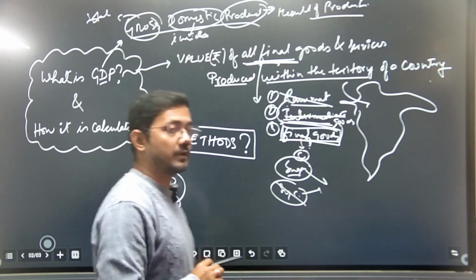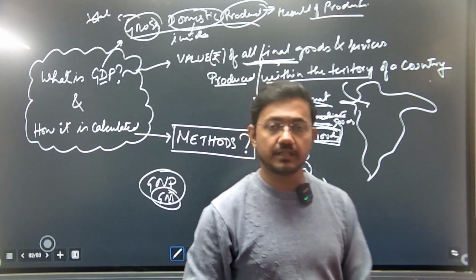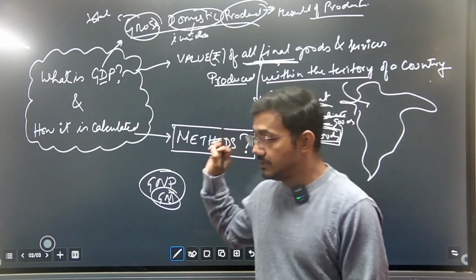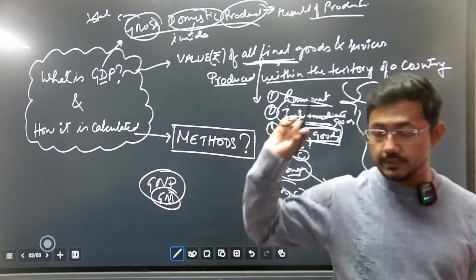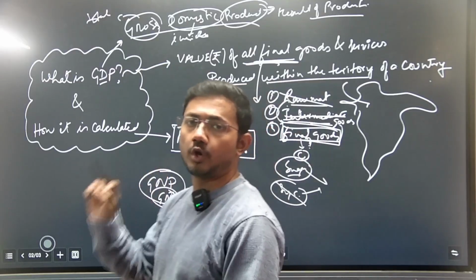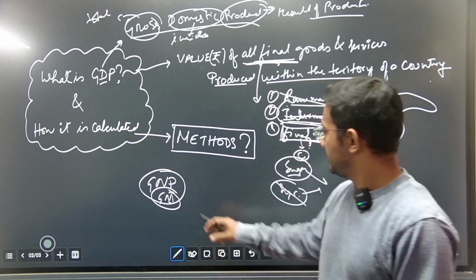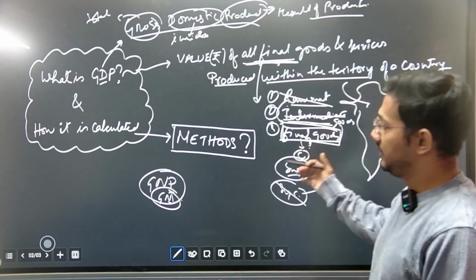There we do an adjustment with the nationalities. There we only consider the income or production value generated by the nationals. We do not consider the income generated by the foreigners there. Fine, so this is the meaning of GDP.